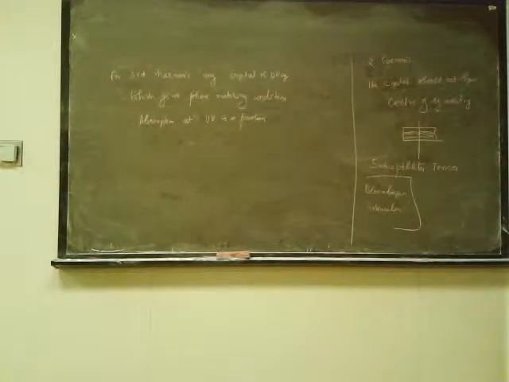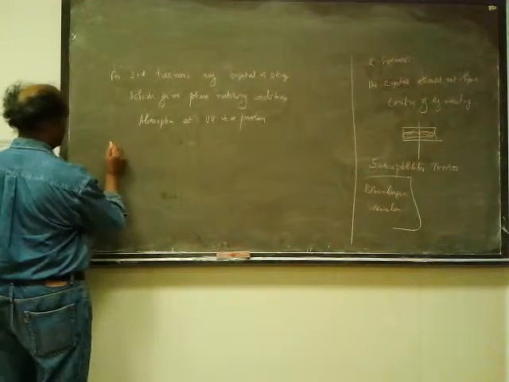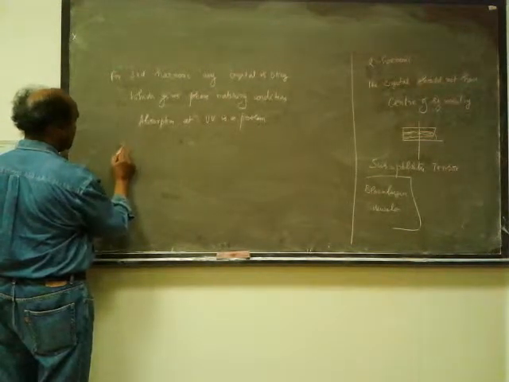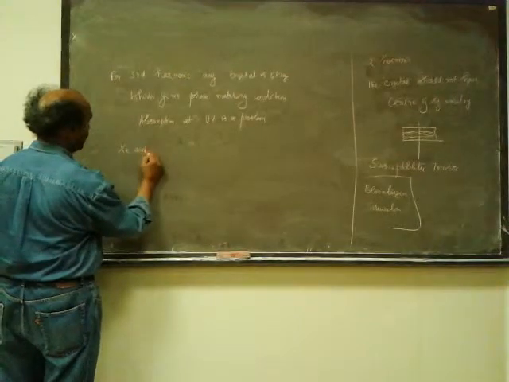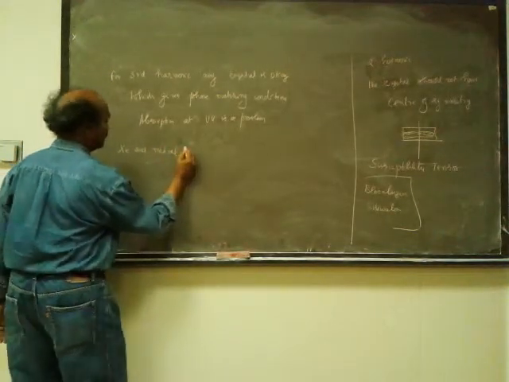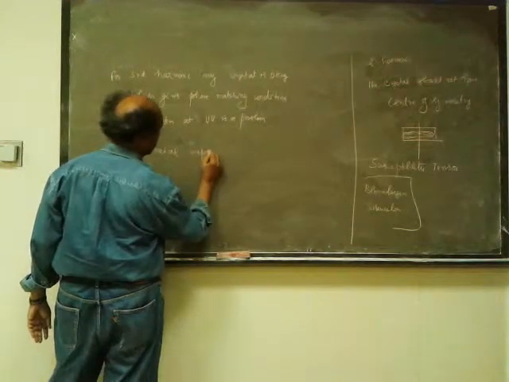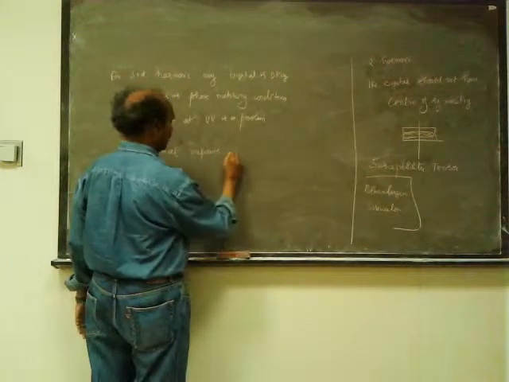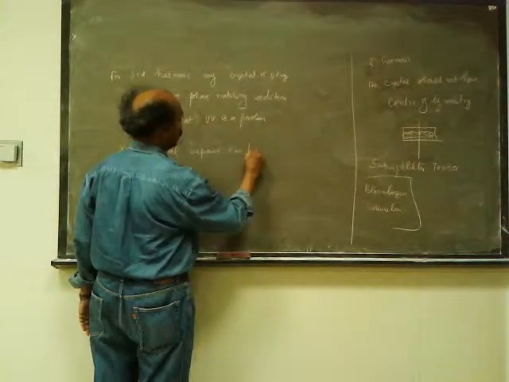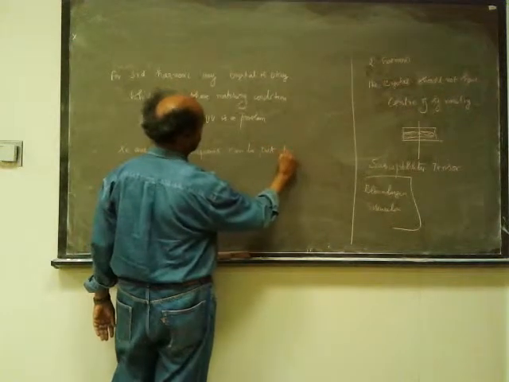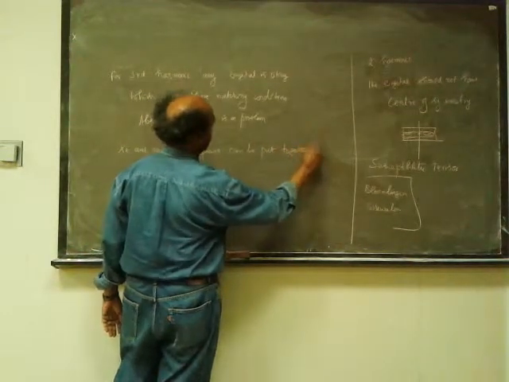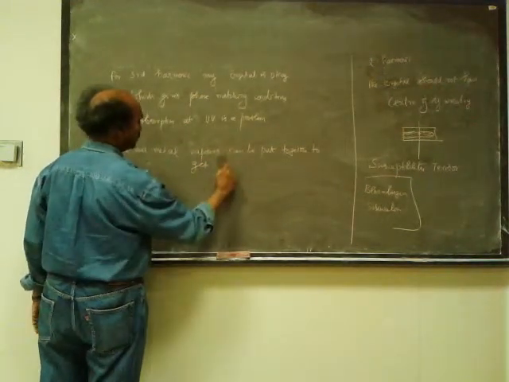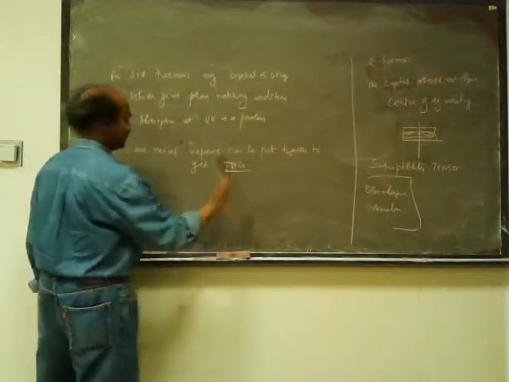How can we overcome this? You can use vapors, xenon and metal vapors, which can be put together to get third harmonic generation.